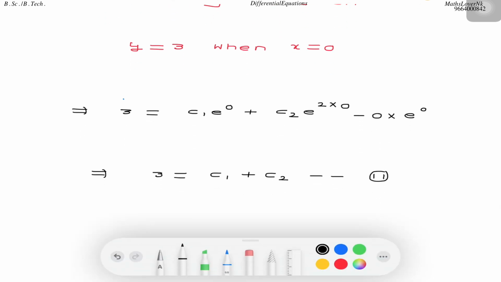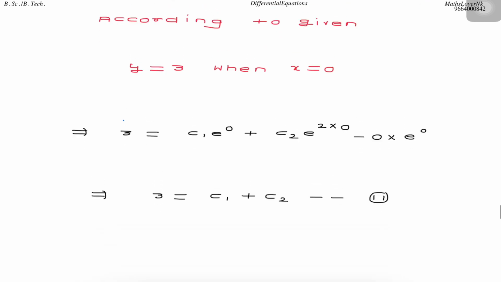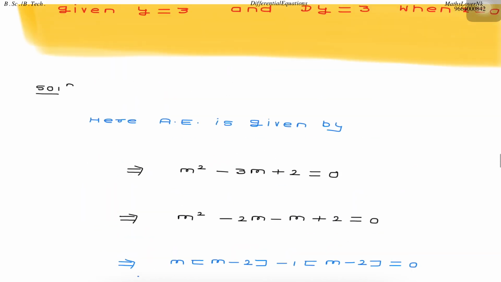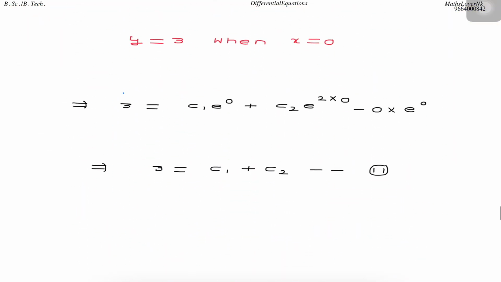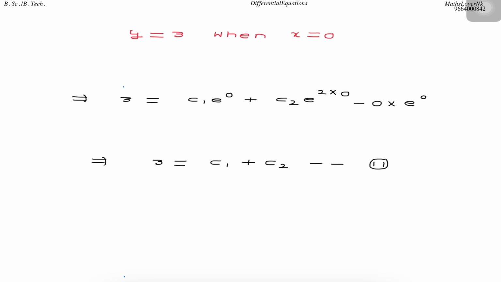And the second condition says that dy by dx is equal to 3 when x is equal to 0.